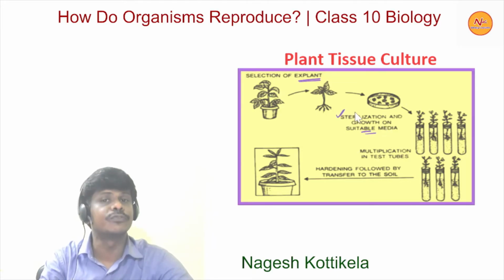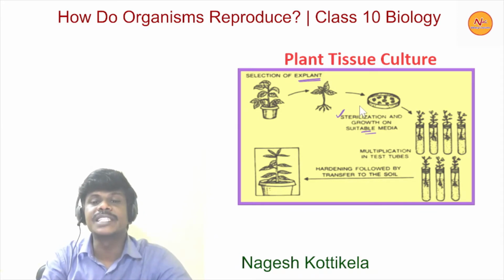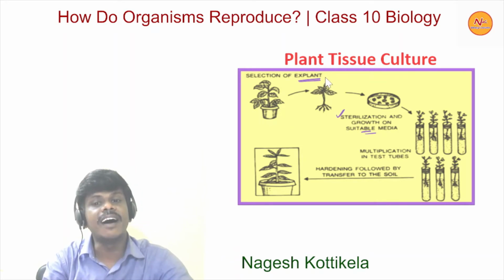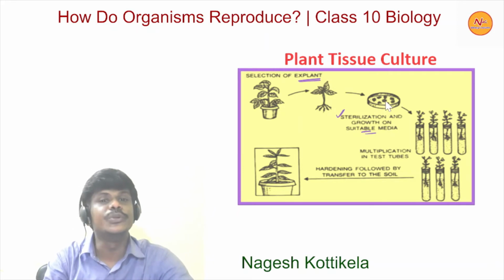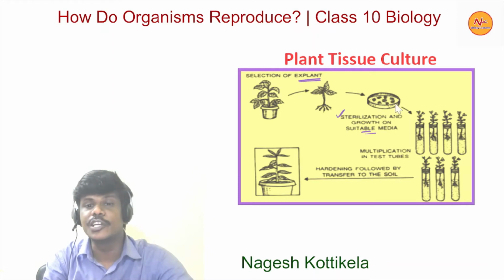Sterilization is performed so that the harmful microbes which are present on the explant surface could be killed. Then they are transferred into the suitable synthetic nutrient medium. Like here, synthetic medium is present in a petri dish. Now the explant is kept inside.